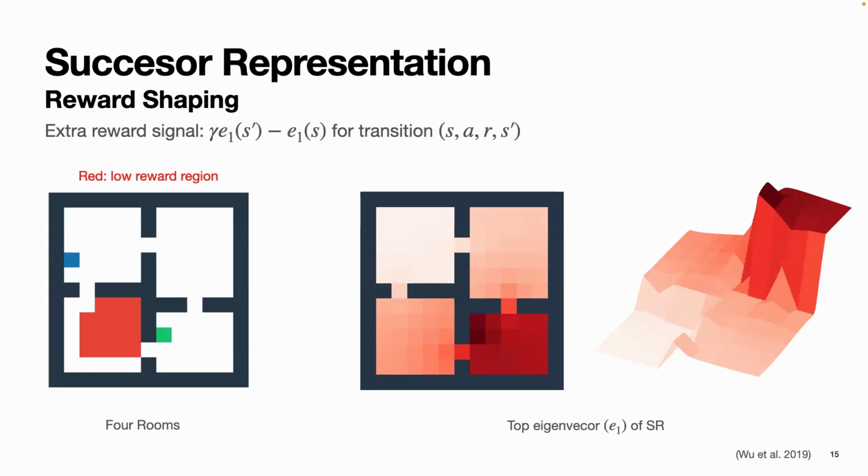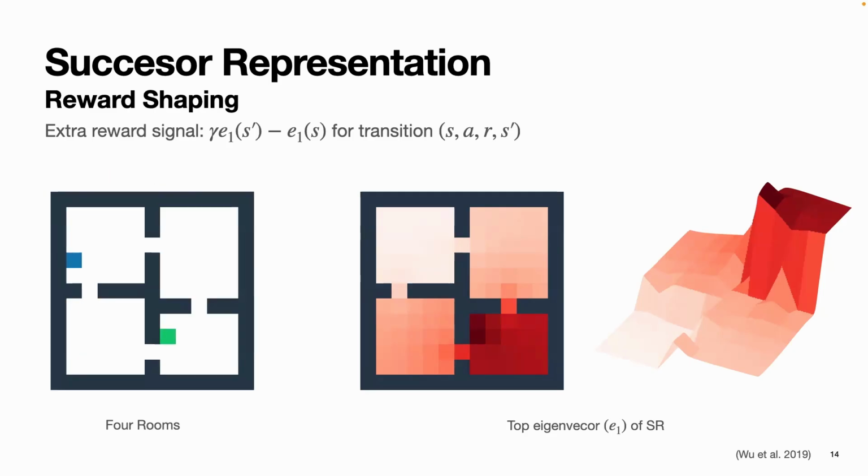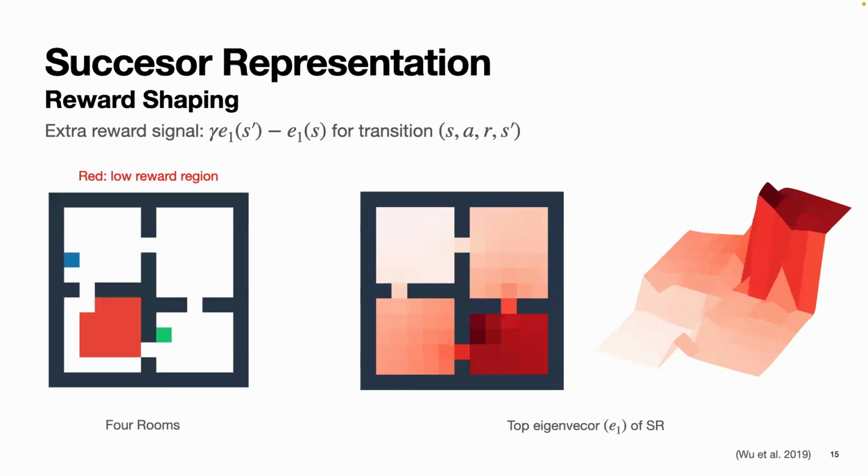Okay. And what if we want to do this whole thing again, but in a different environment? Previously, the environment was just a start state and the goal. If we're doing it in an environment where we have a low reward region that the agent should avoid, we actually get the exact same thing because the SR doesn't take reward into consideration.